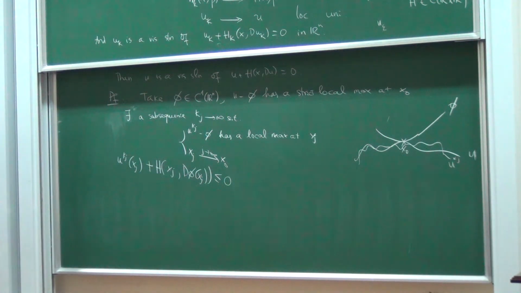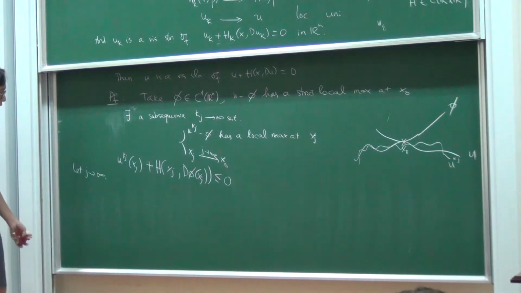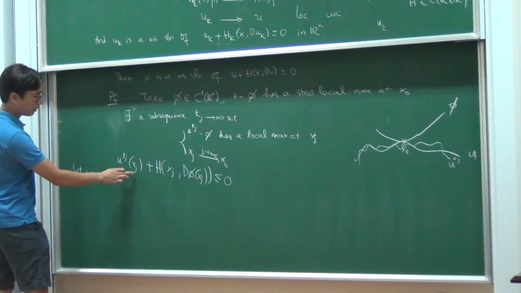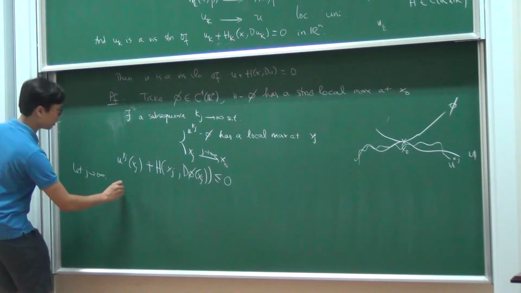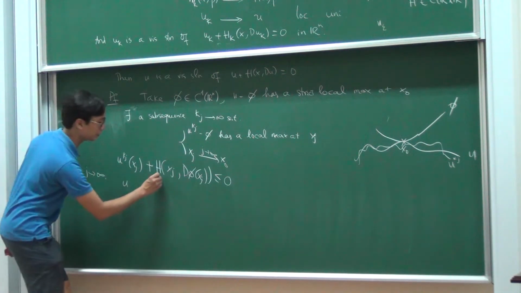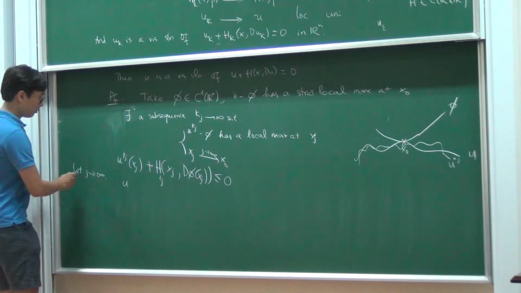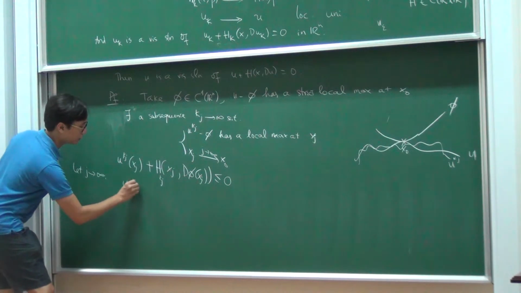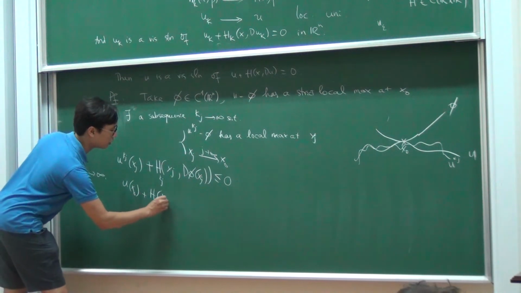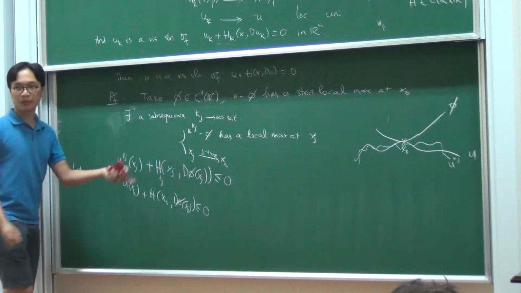Now I let j go to infinity, and this converges to u(x0) plus H(x0, D phi(x0)), and then the other way around for supersolution.